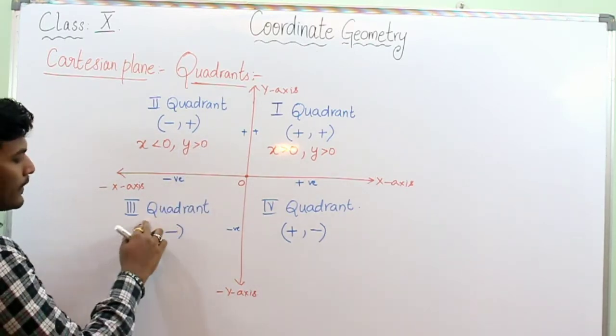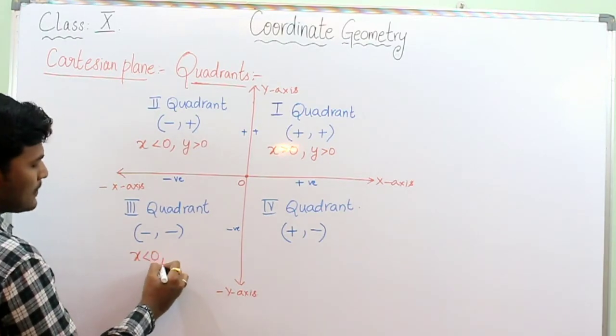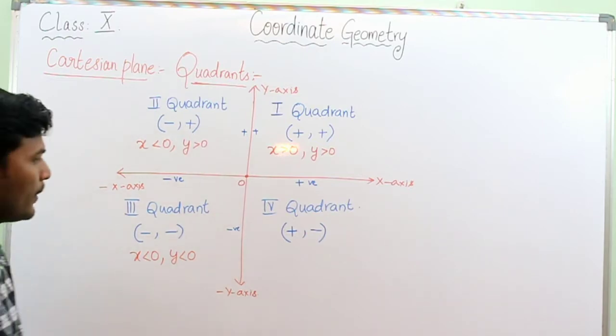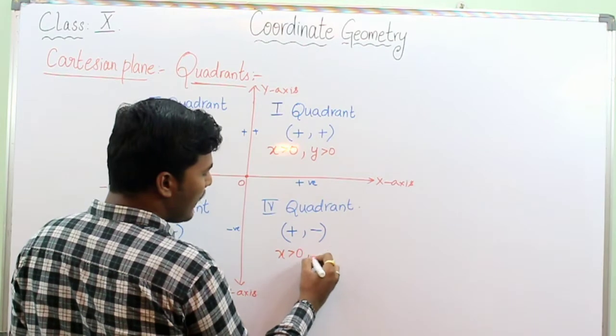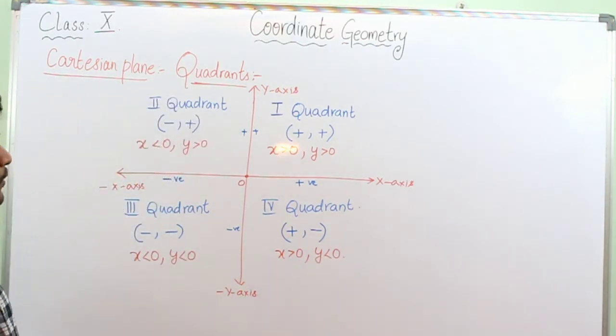In the third quadrant, we have both negative values, hence x is less than 0 and y is also less than 0. In the fourth quadrant, x is greater than 0 and y is less than 0. This is how we represent the 4 quadrants.